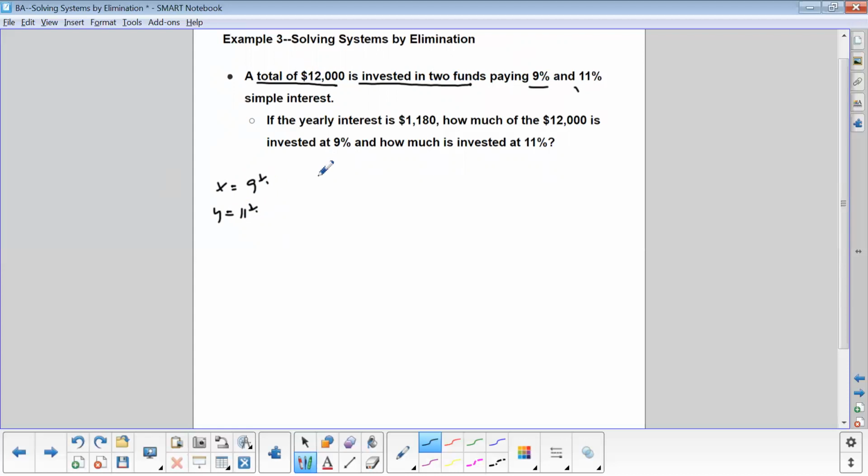So I just don't know how much is invested at either one, the 11% and the 9%. So I'm going to say X plus Y is equal to 12,000. And I'm going to write the percentage, 9% X plus 11% Y is equal to 1,180.